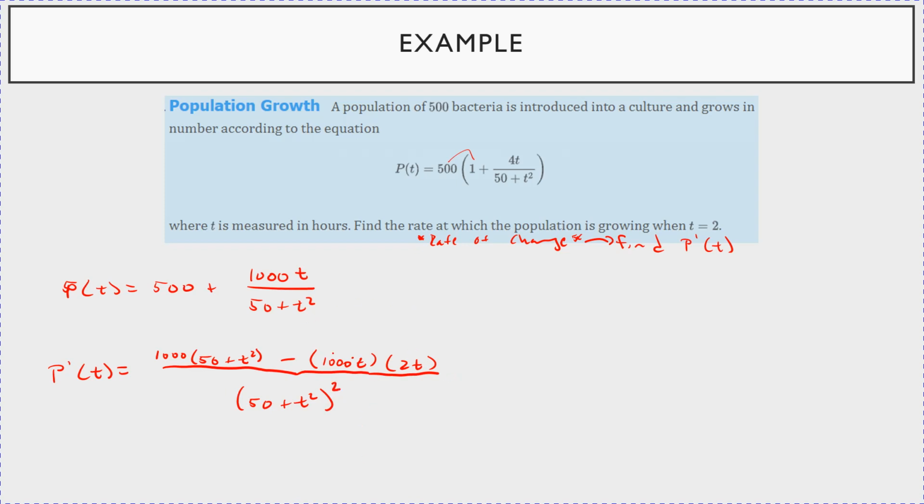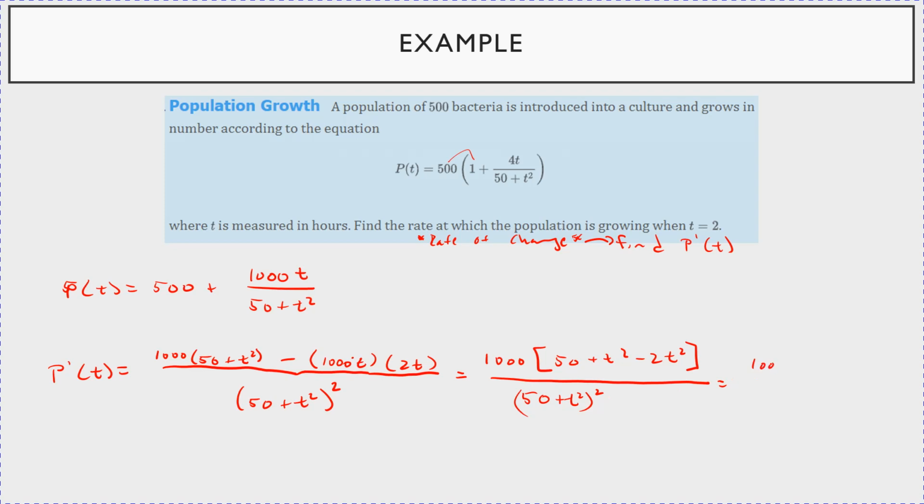Sorry about that. Well, then look, to help clean this up, each of these terms have 1,000 in it, so I'm just going to factor that out, right? So this is 1,000, and then I have 50 plus t squared minus 2t squared, all over 50 plus t squared squared.